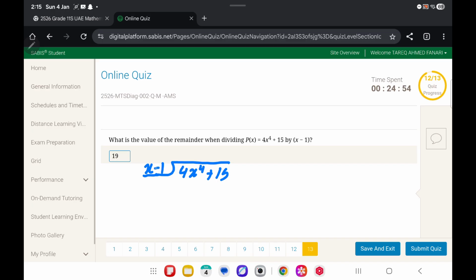Okay, now, what do you need from x to make 4x to the power 4? 4x cubed. 4x to the power of 4 minus 4x cubed. So minus and minus will make plus. 15 minus 4x cubed. Now, what do you need to make 4x cubed from x? 4x squared, right? You're going to keep repeating this process.